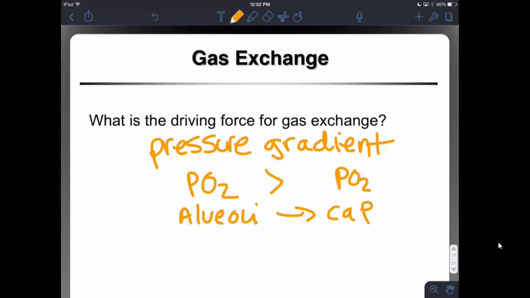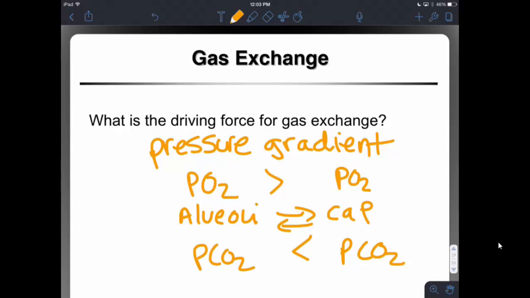The same thing is true with CO2: it has a pressure, and if it's moving from the capillary out to the alveoli, that must mean that the pressure of CO2 in the capillary is greater than the pressure of CO2 in the alveoli, and that's what's driving the movement in those directions.